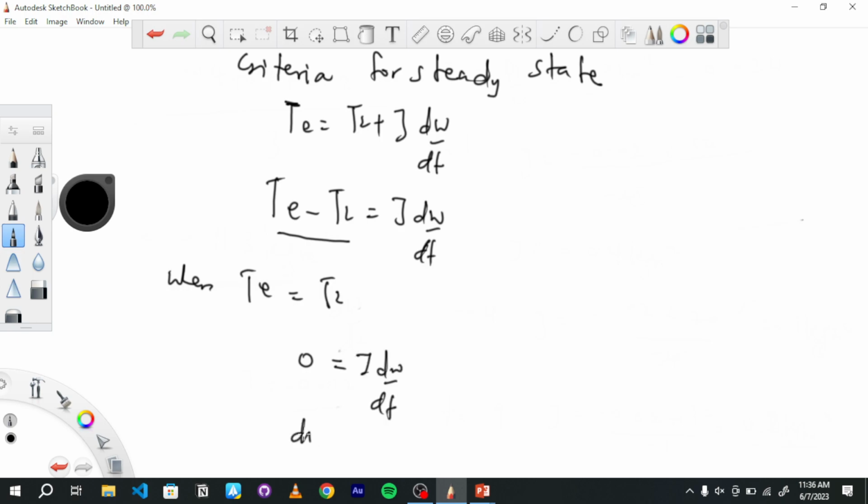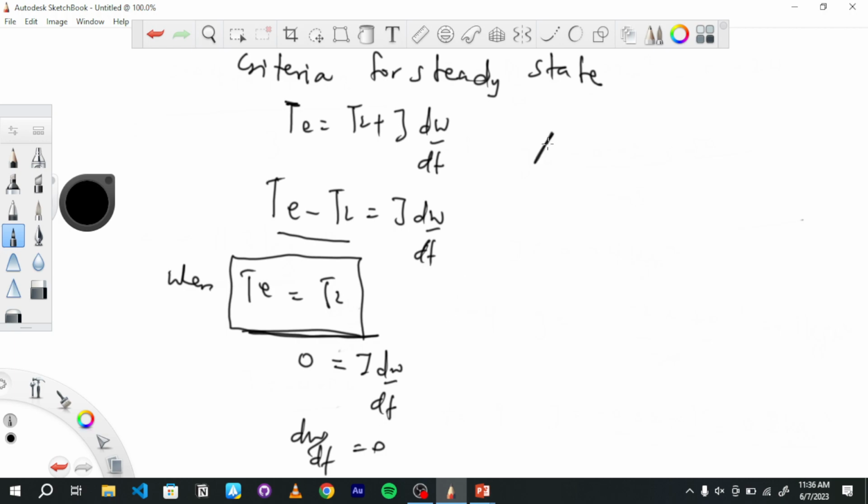I can say d omega dt equals 0. So when TE is equal to TL, you can see that the rate of change of velocity is 0, right? Meaning that the body remains in steady state or remains constant.